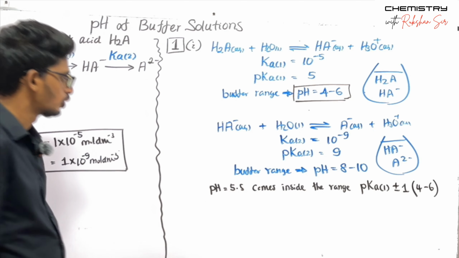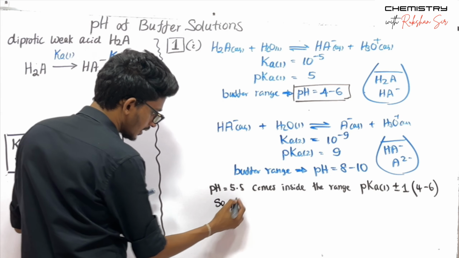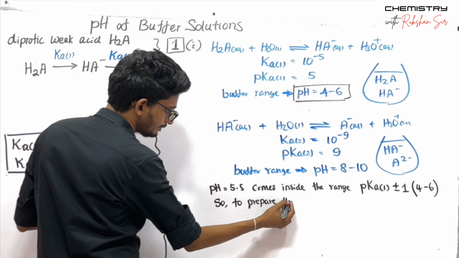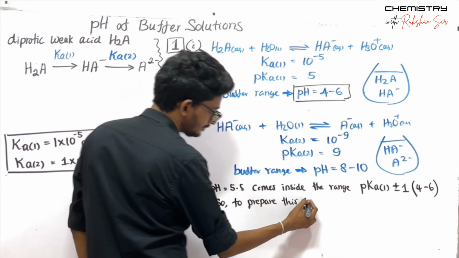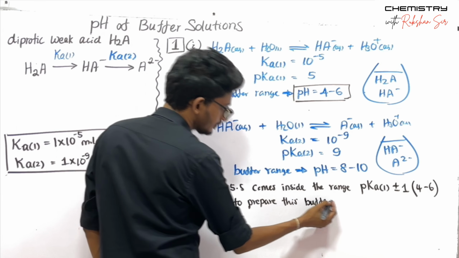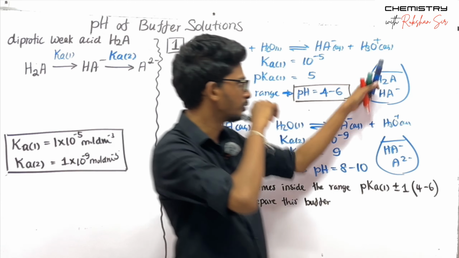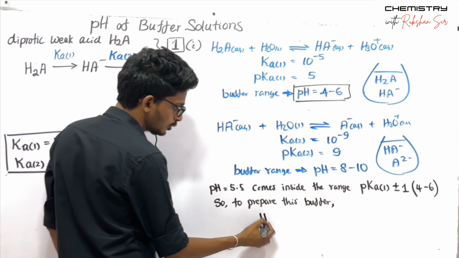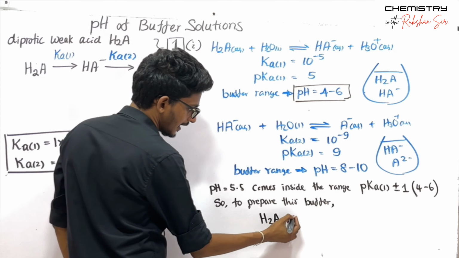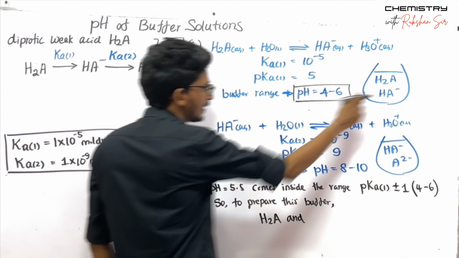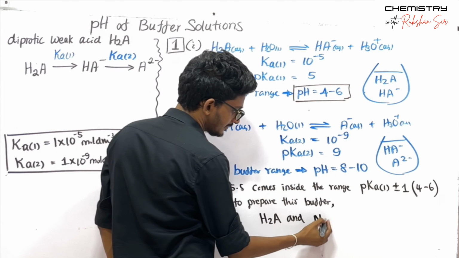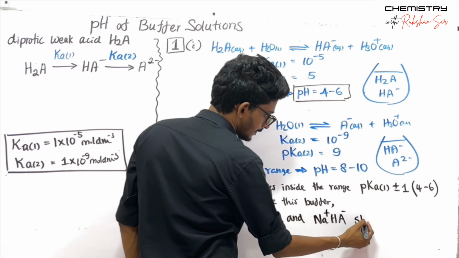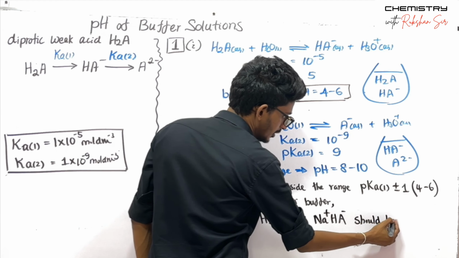Right? So to prepare this buffer, these two things should be used. That means H2A and HA minus, that is NaHA, should be used.